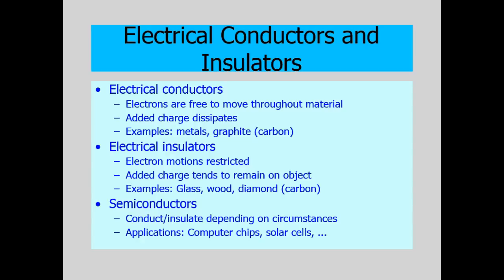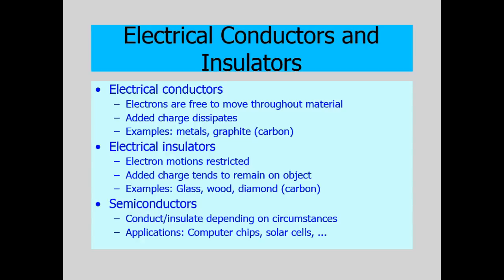Okay. Glass is a good insulator. Glass is a series of silica, that's silicon and oxygen units that are not in a lattice, a very strong lattice. So they don't have any free electrons moving around.